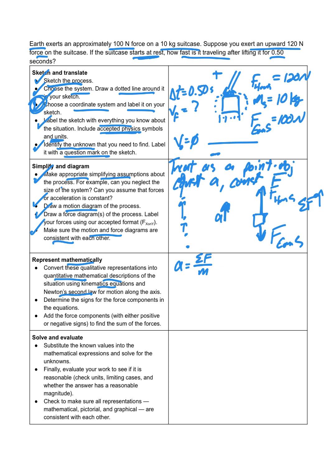I'm going to point out this next point. It says determine the signs for the force components in the equations. This is based on my coordinate system. I've called up positive and down negative. So this is where I go to my net force and ask myself, what force or forces are combining to be a part of this net force? Well, it'd be the upward force of the hand on the suitcase, which I've designated as a positive direction.